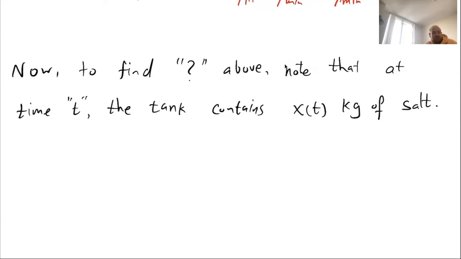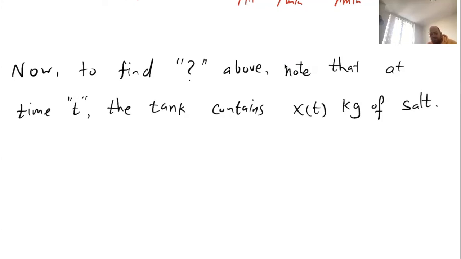But the point is, we don't know how much salt we have at time t. We're just calling it x of t. So the answer to my question, how much salt do we have at time t? We don't know it as a number, but we know that we have already called it x of t. So let's keep it as x of t.